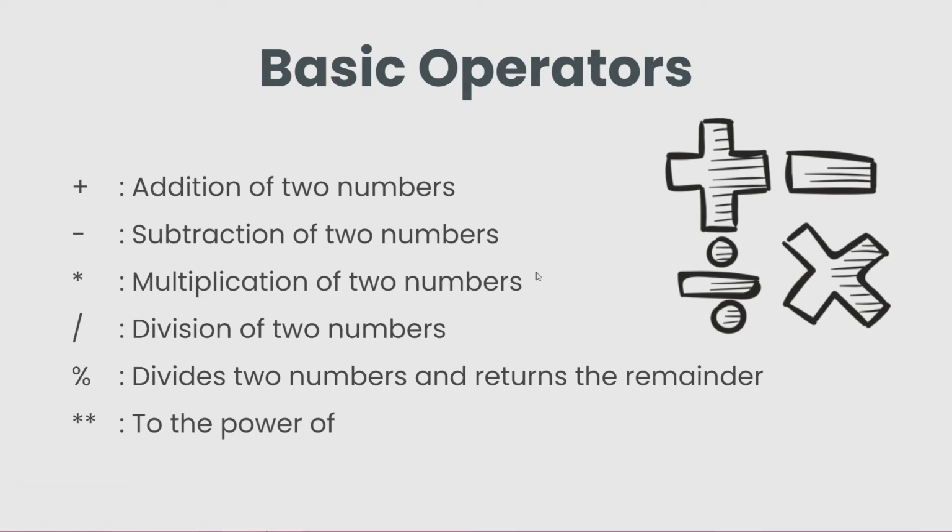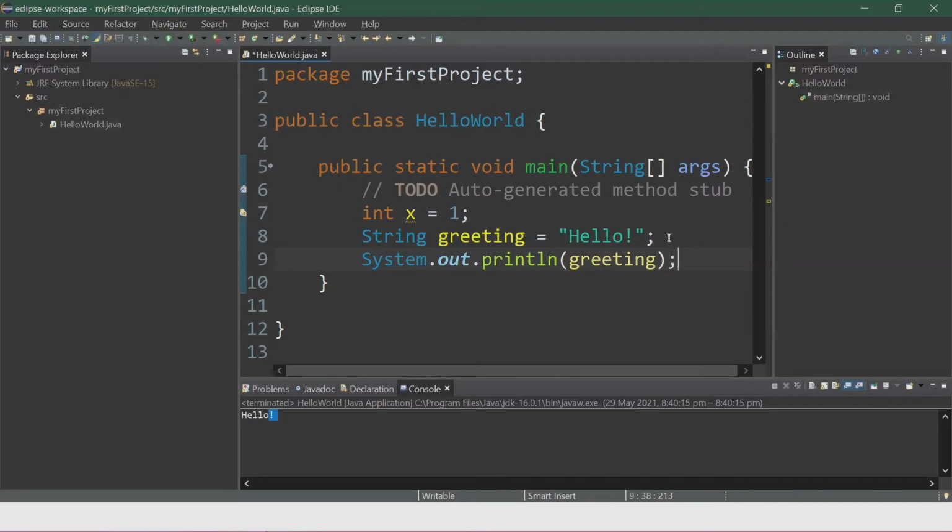Okay, so let's move to Eclipse and we can try to use some of these operators. So let's declare another integer. So int y equals 2. And we'll be trying to use some of the operators here.